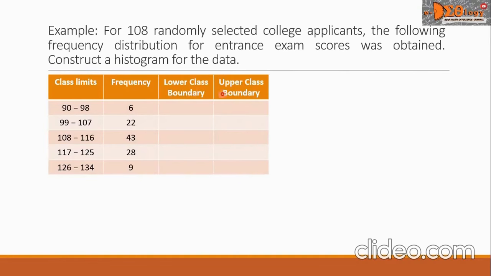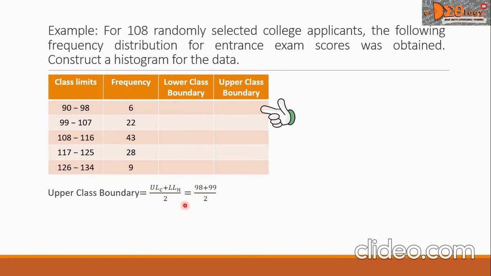We need 2 more columns, and these are lower class boundary and upper class boundary, respectively. Let us now solve for this first blank here for the upper class boundary, which is for the first class interval. The formula is given to us, which is the upper limit of the class plus the lower limit of the next class divided by 2.